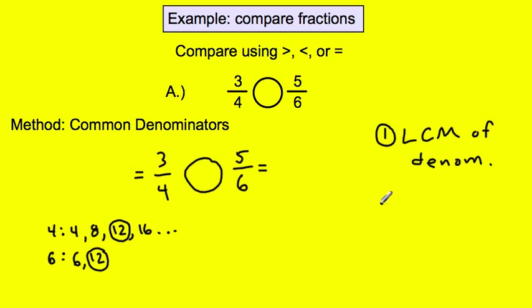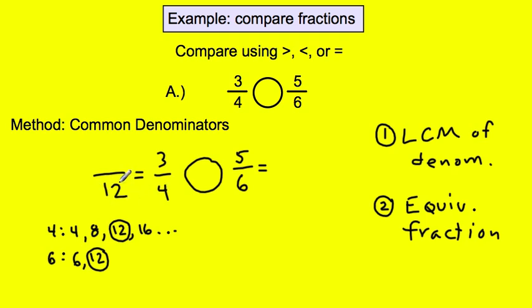Number 2, we're going to write equivalent fractions. All right, and our equivalent fractions are going to be using our least common multiple as the new denominator. So we need to find 3/4 equivalent to a fraction with a denominator of 12, and 5/6 equivalent to a fraction with the denominator of 12.